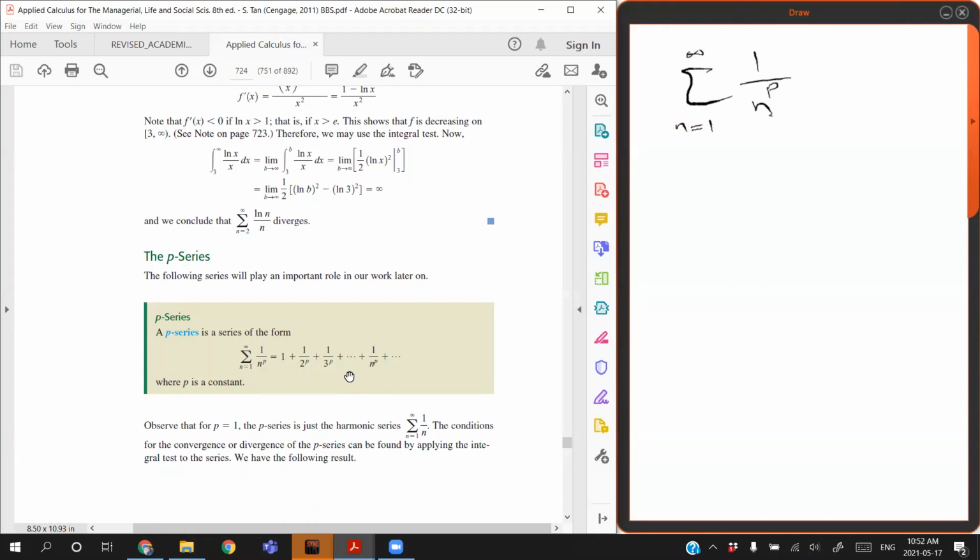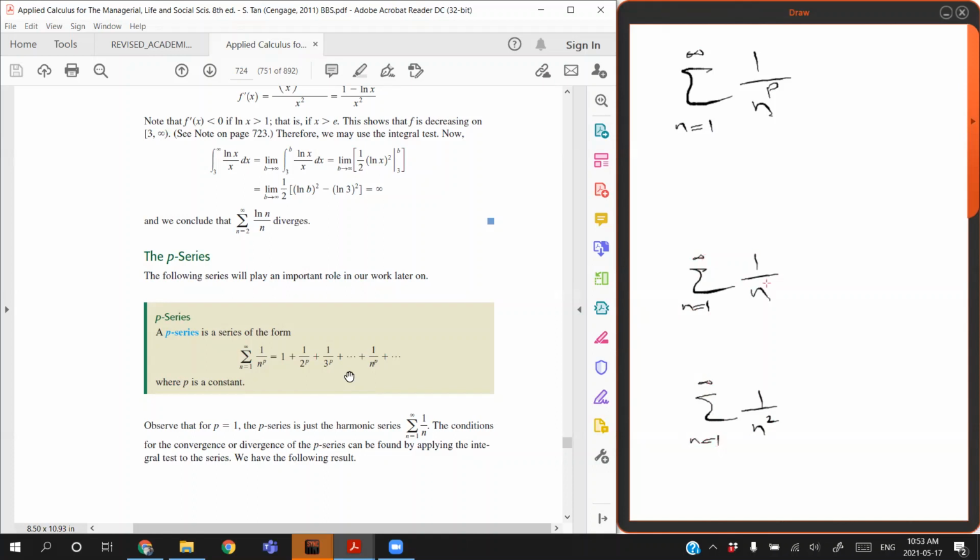This type of series are called P series, and I have already shown you two: sigma 1 over n and sigma 1 over n squared, n from 1 to infinity.